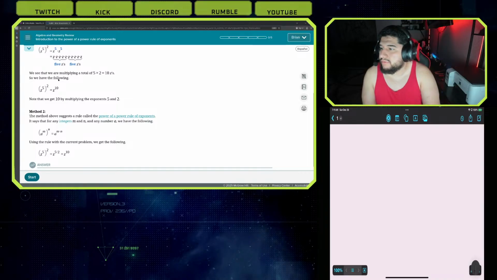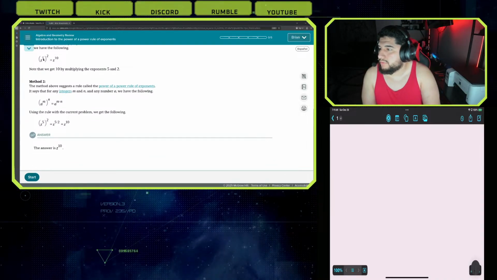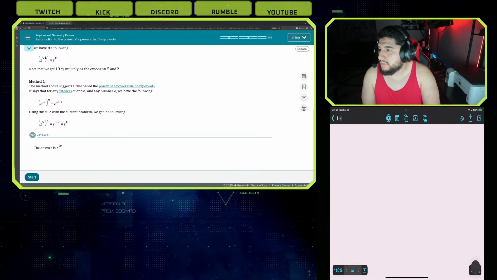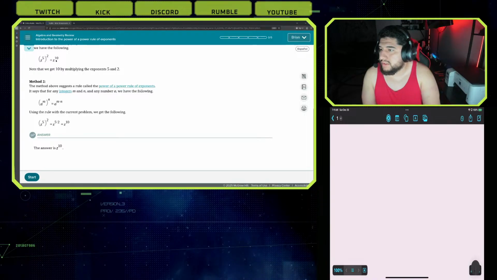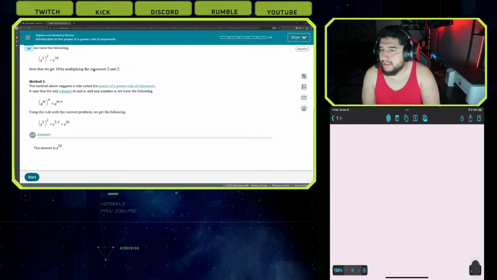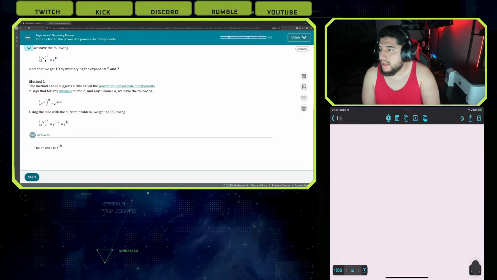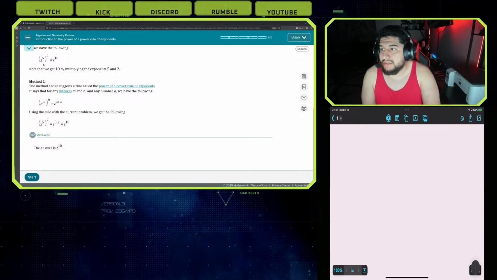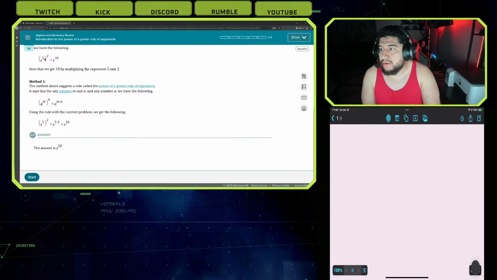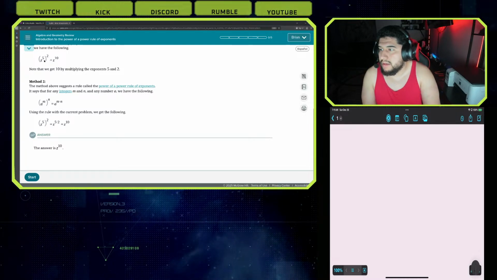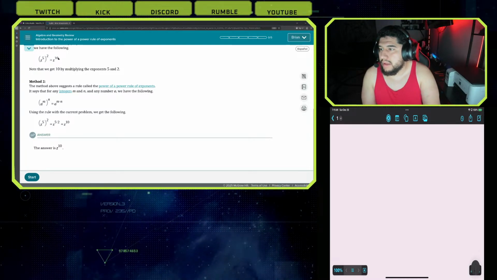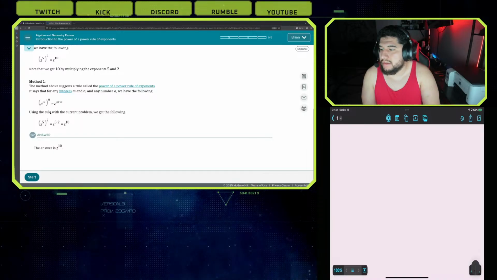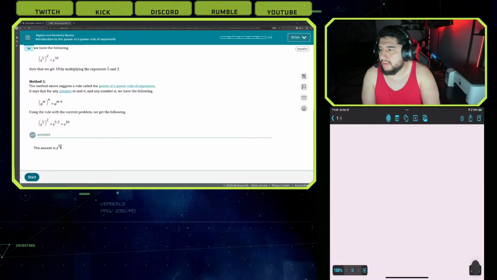So we have the following: z to the fifth power, all that to the second power equals z to the 10th power. Note that we get 10 by multiplying the exponents 5 and 2. So when you see a parentheses, now you guys can multiply the 5 and 2. So just bring the variable down and multiply 5 times 2, and then you get the answer, z to the 10th power. Alright, right there, that's the answer.